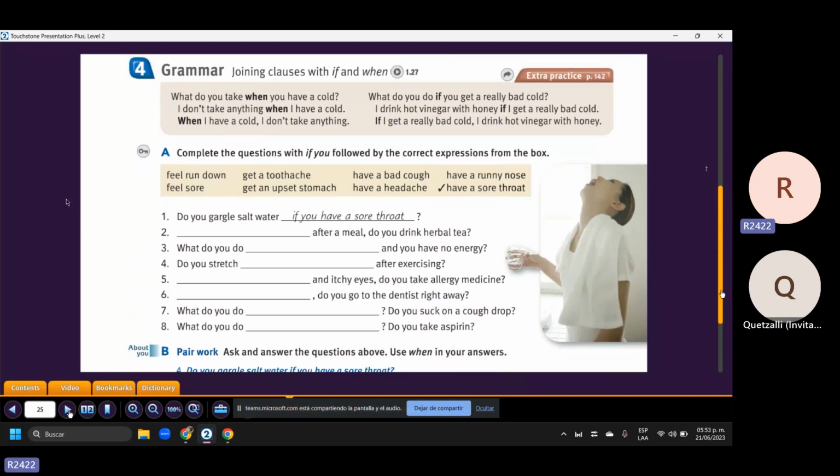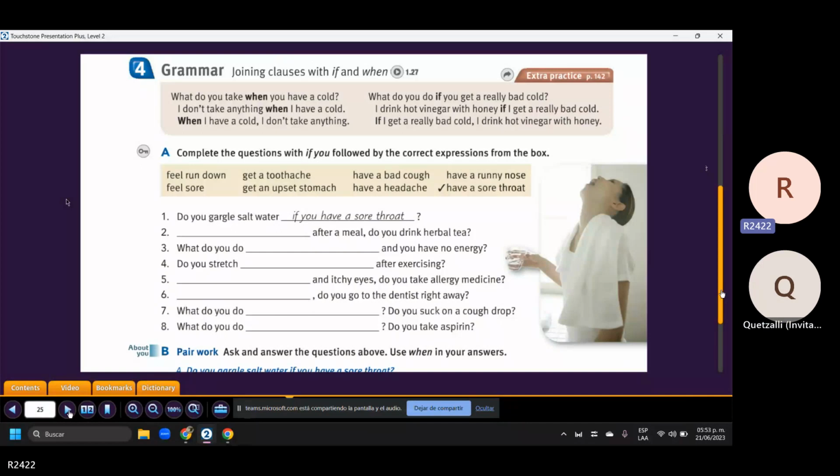For example, I got a cold because I didn't put on a sweater. Right? So in this case, we have an action and the consequence. So that's in this case a clause. And it's normal when we have some clauses to use if and when.